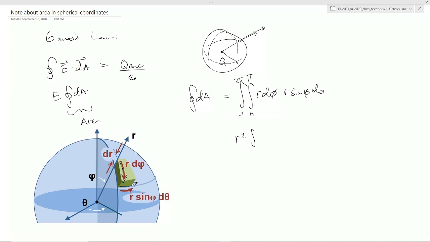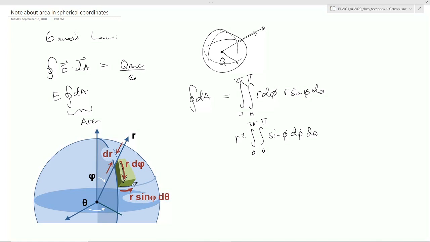I'll do it in two steps here. So then we're just left with this sine phi d phi d theta. We could, for example, integrate the theta piece first.